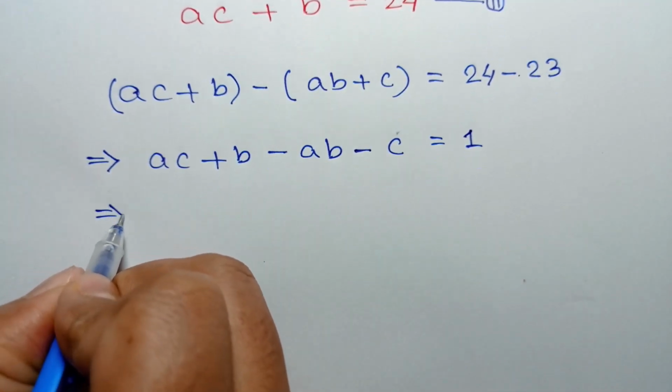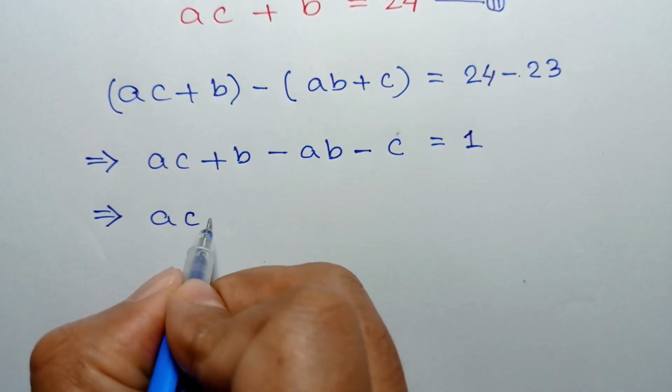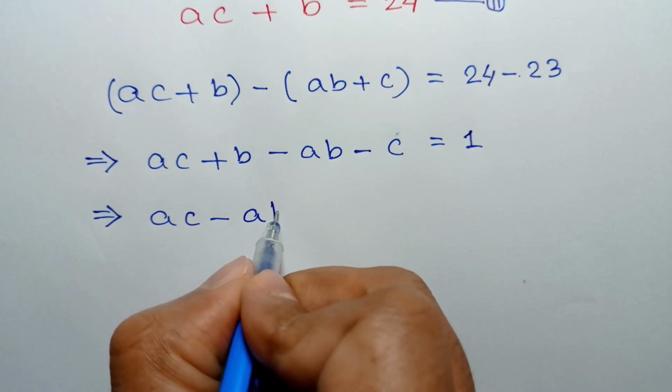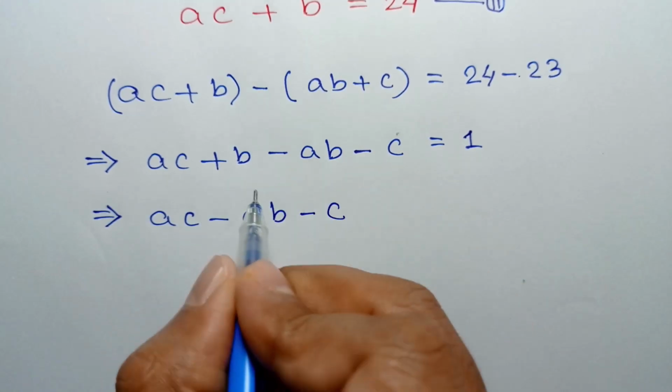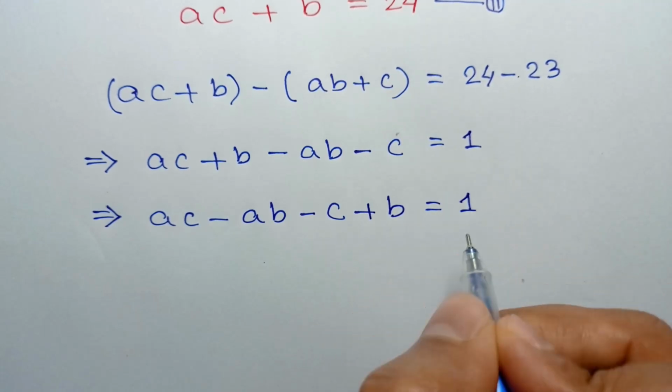Rearranging the left side, we can write AC minus AB minus C plus B is equal to 1.